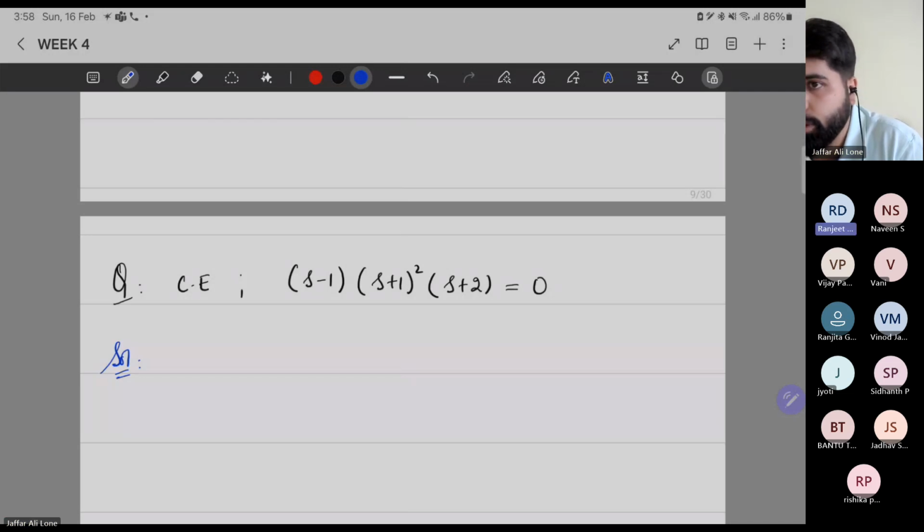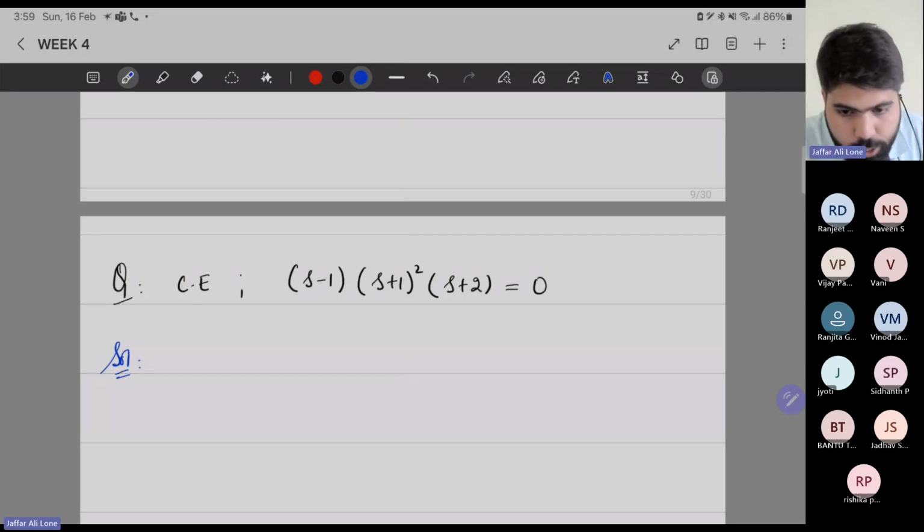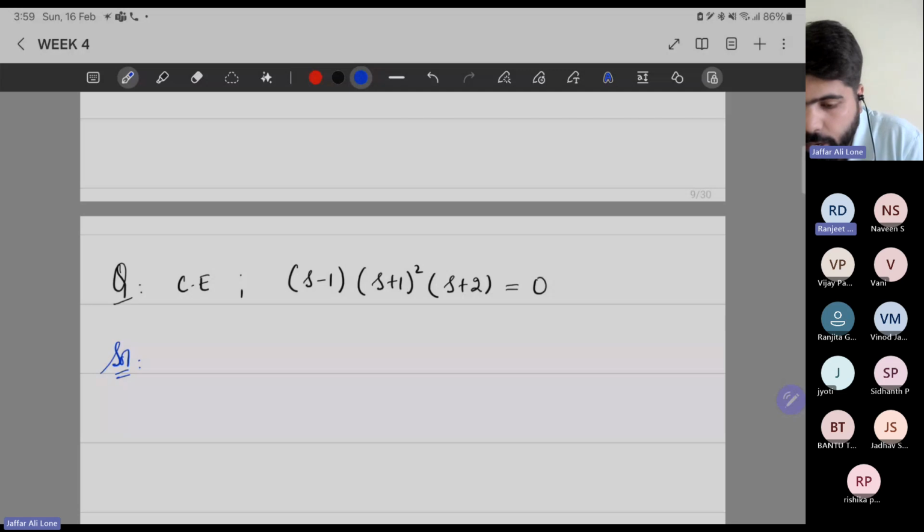It is unstable because there are two poles on the imaginary axis, repeated poles. Which pole? S plus 1 whole square. Oh, are there? Okay. But there is one more thing. If we have S minus 1 as a pole, we can directly say that it's in the right half plane.